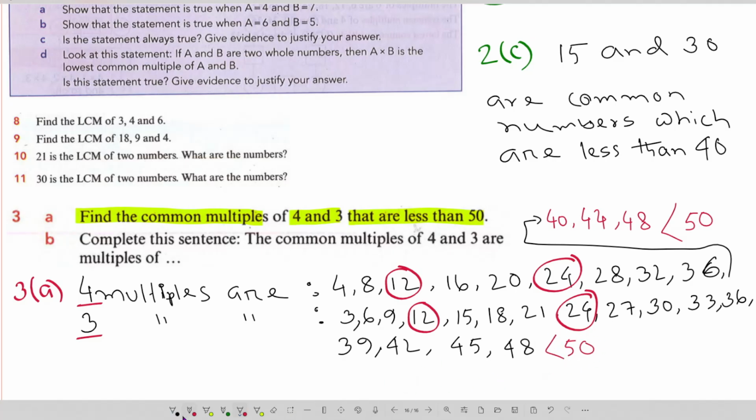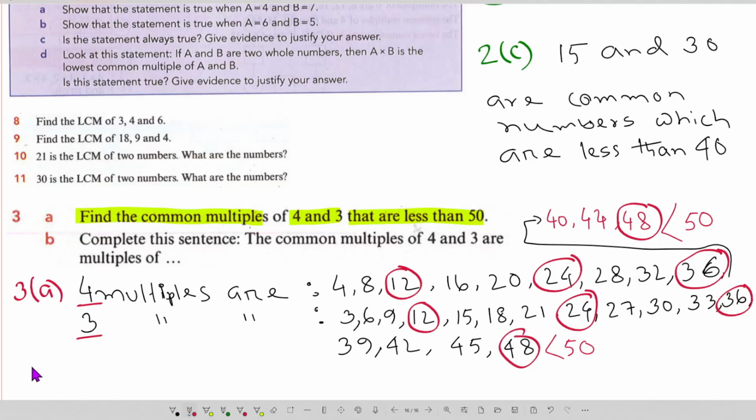So we already found the common multiples, which are 12, 24, and then 36 also common, right? 36, here is 36, and here is also 36, and next common is what? 48 also common, right? 48, and here is also 48.